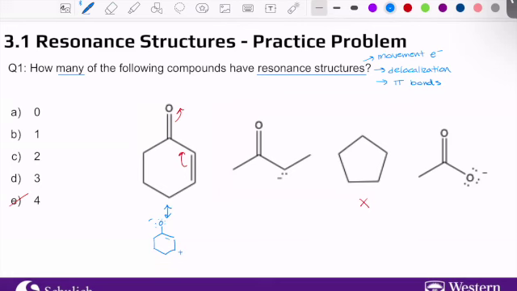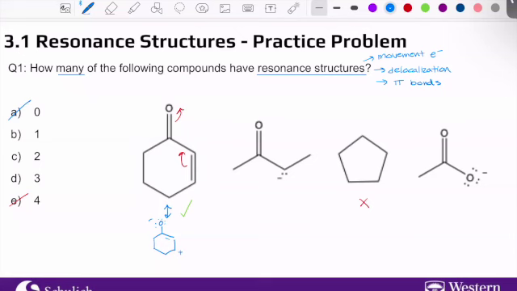So in this case, we see our starting compound is neutral, and a resonance structure of that has both a cation and an anion, meaning that it also remains neutral. So we know that at least one of them so far does have a resonance structure, which rules out option A.